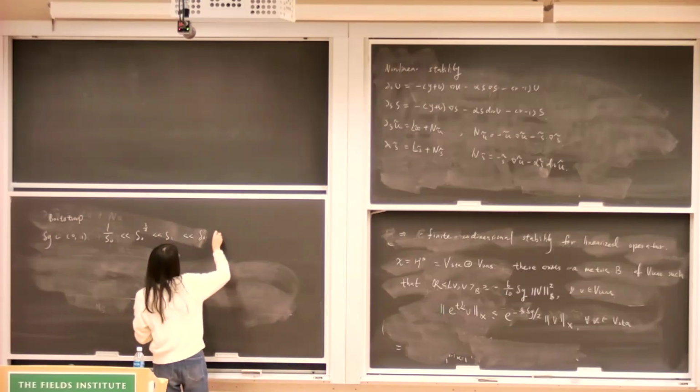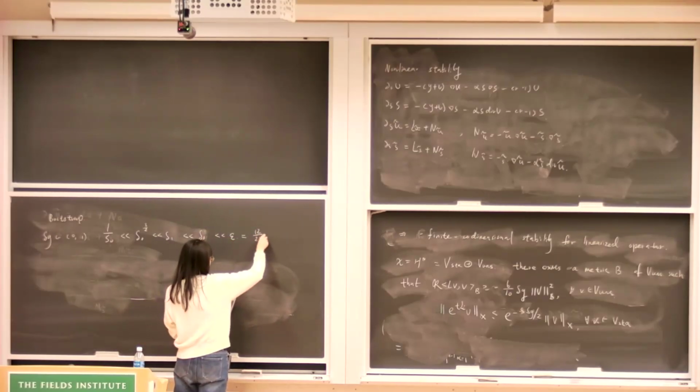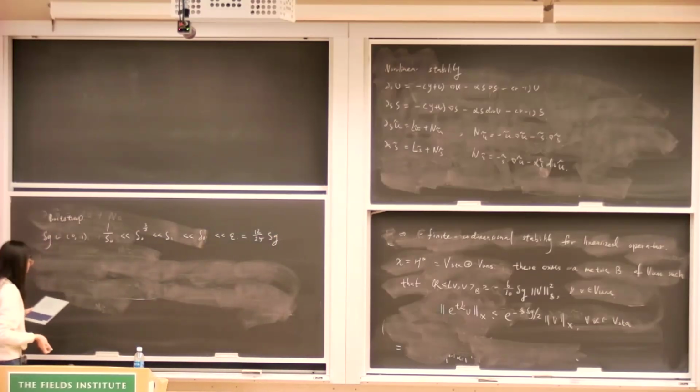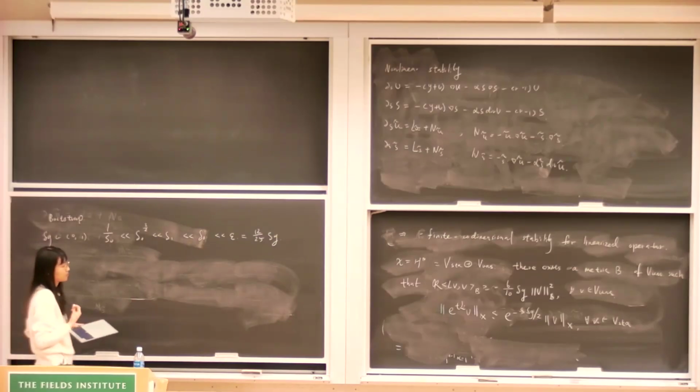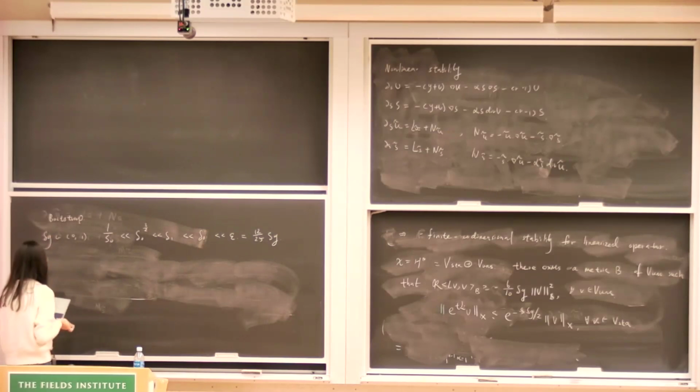And epsilon is the number such that the coefficient of exponential decay is slightly worse than 1/2 of delta G, the linearized decay rate. Okay. So we first work on the stable mode, with the assumption that the unstable space is controlled, we have the following bootstrap arguments in the two spaces.